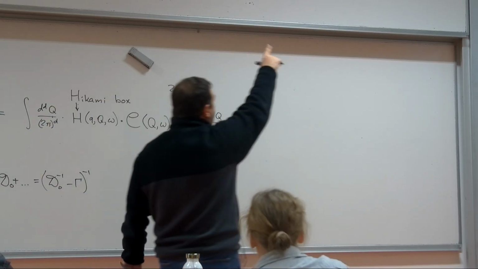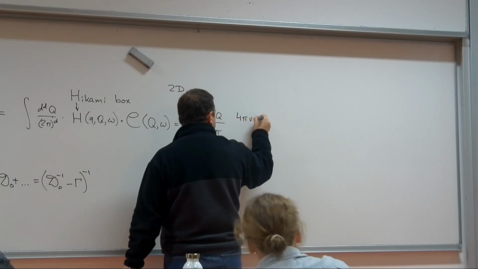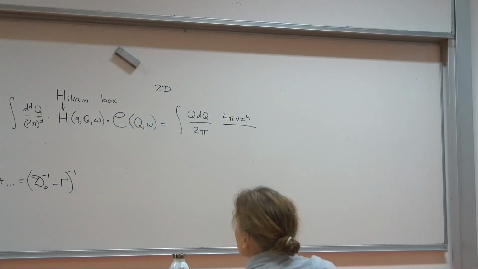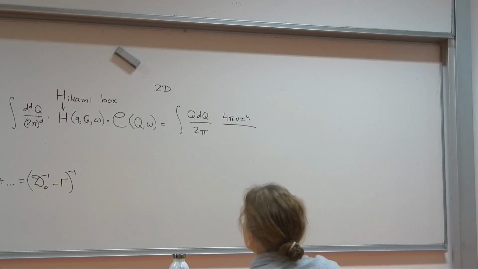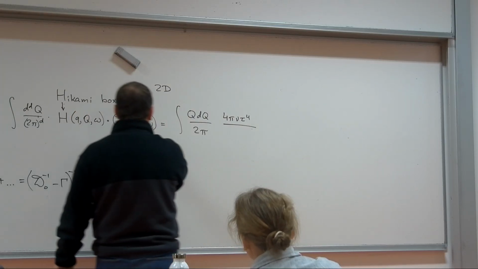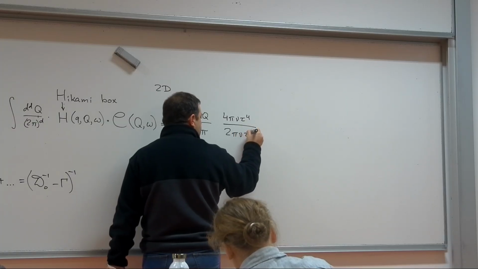Hikami box, 4 pi nu tau 4, divided by the Couperon, where is my Couperon? It's gone. I need just a Couperon, and the Couperon has 2 pi nu tau squared in the denominator.